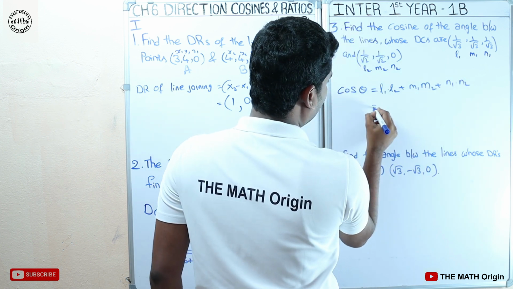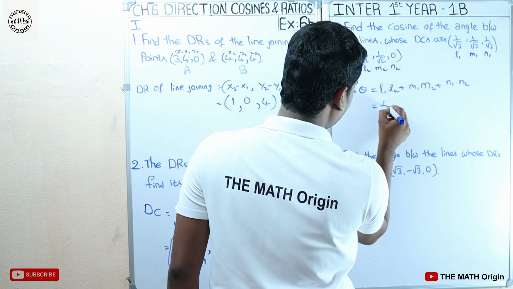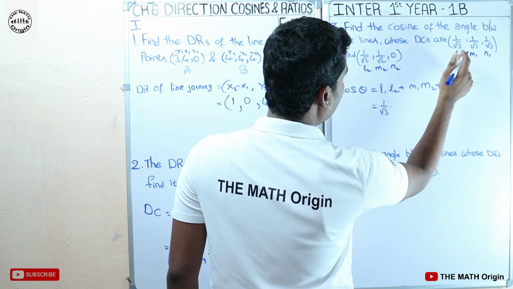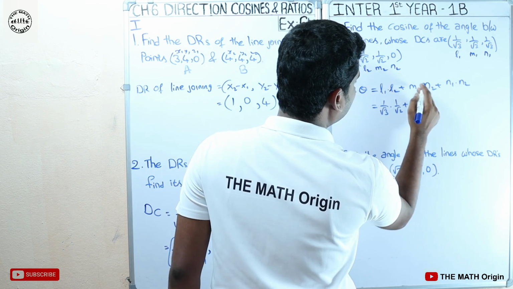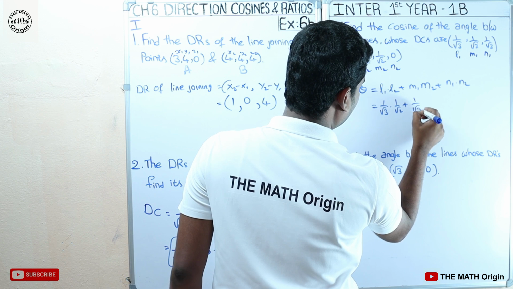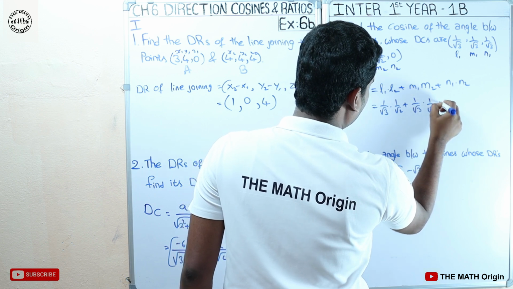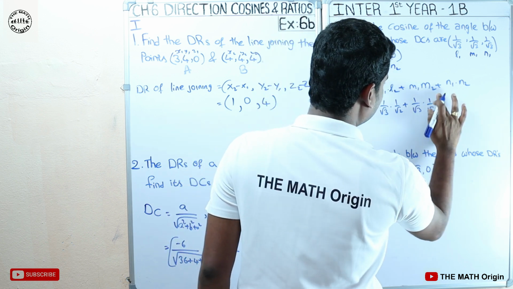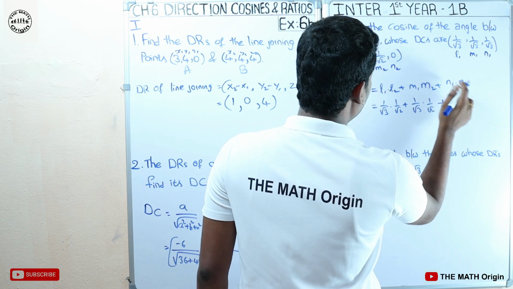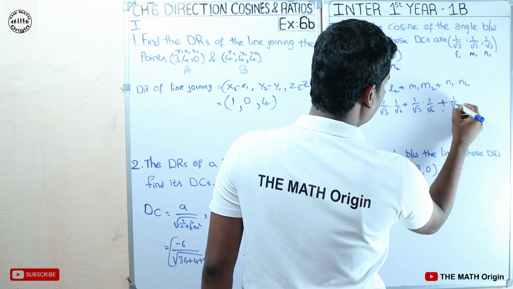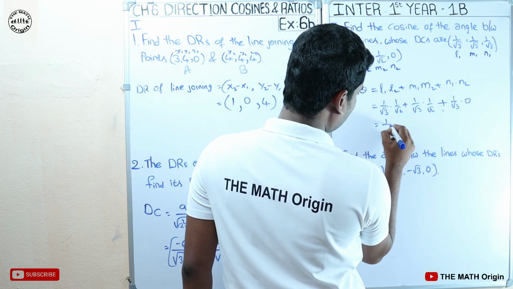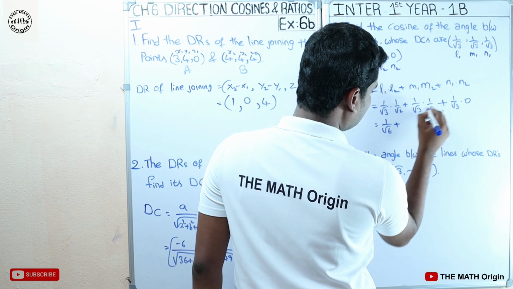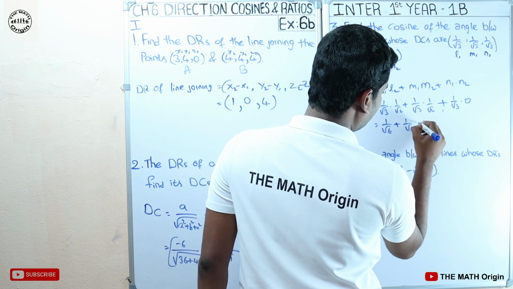Here L1 is 1/√3 into L2 which is 1/√2, plus M1 1/√3 into M2 1/√2, plus N1 into N2, 1/√3 into 0. Therefore that equals 1/√6 plus 1/√6 plus 0.